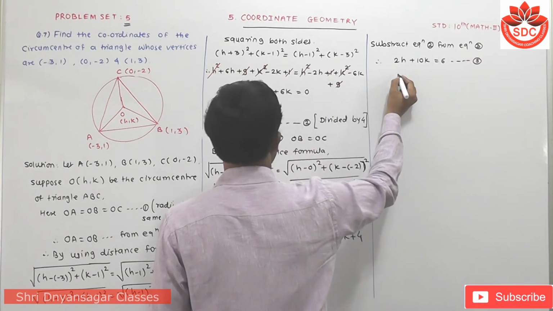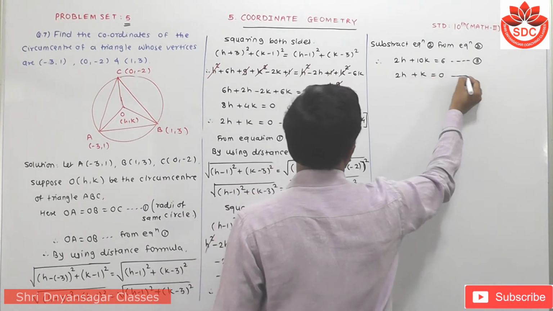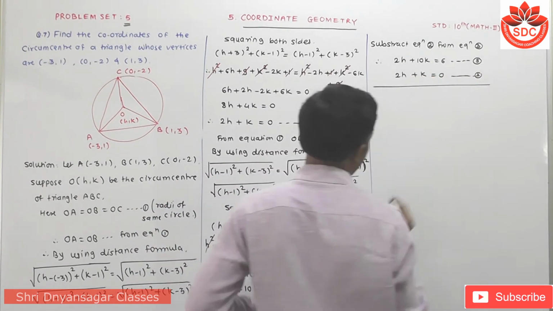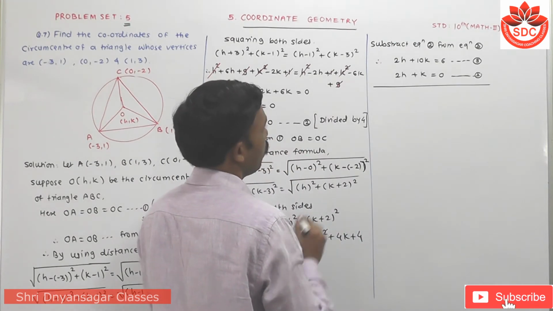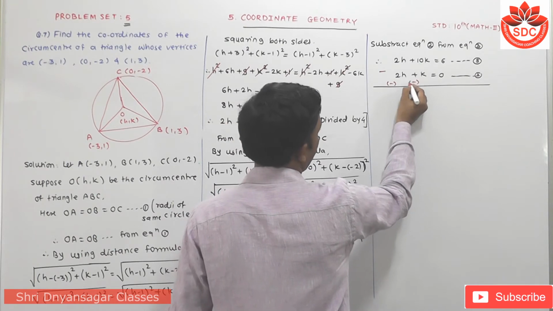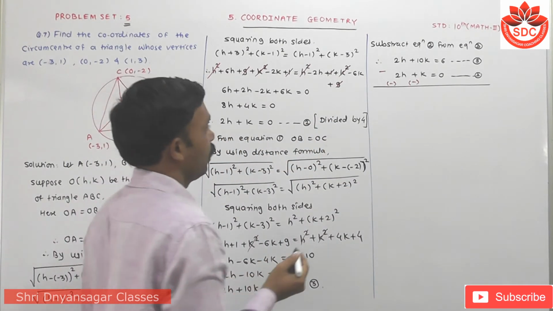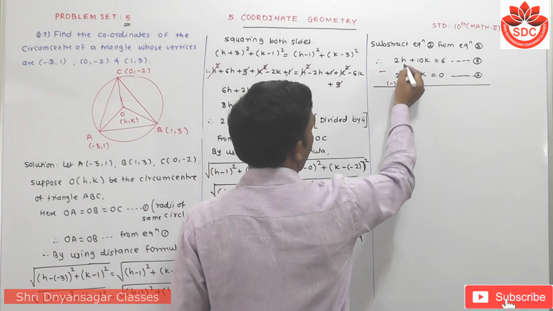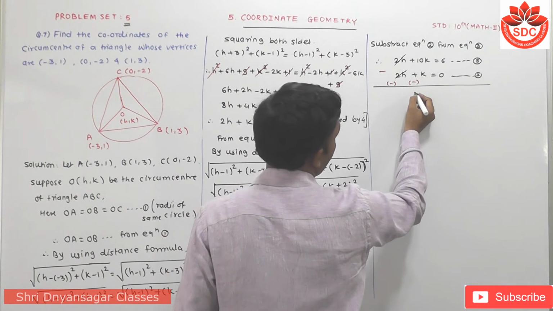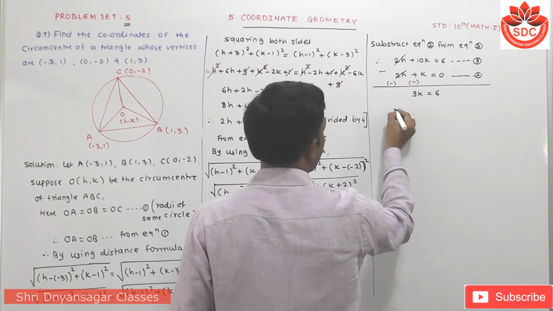Then the second one is twice h plus k is equal to 0, equation second. When we subtract here, the signs of the second equation change. This plus converts to minus, this plus converts to minus, this is the same here. Then this twice h plus and minus gets cancelled. Remaining here is 9k is equal to 6.